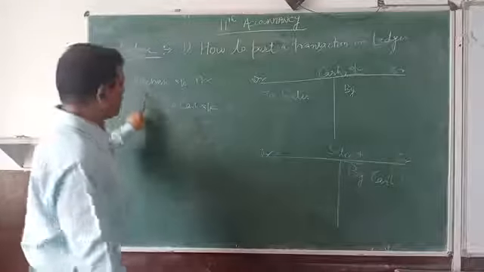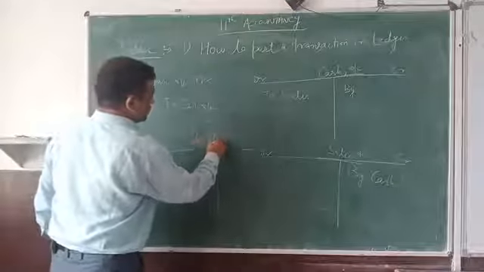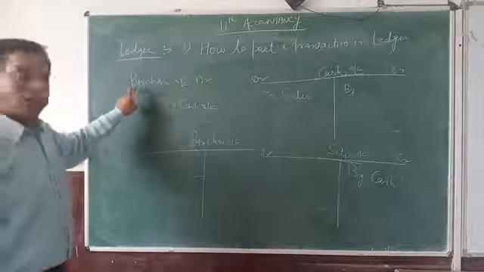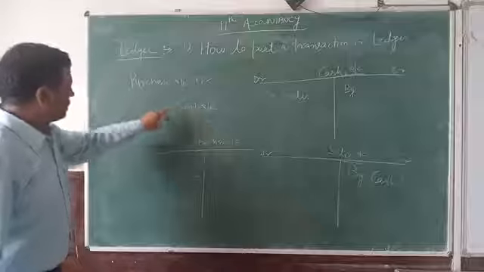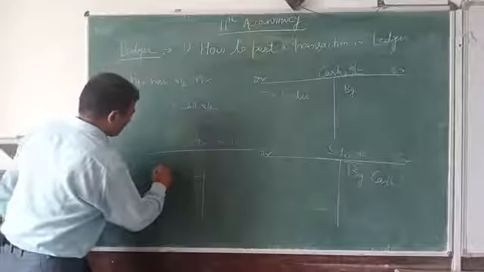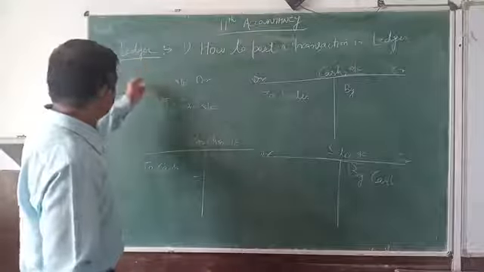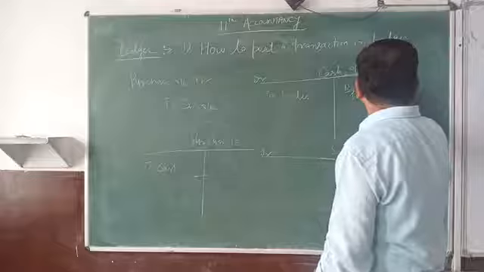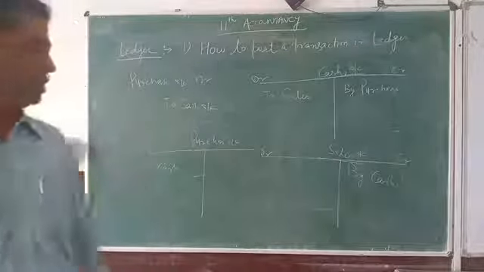Now I have to prepare the purchase ledger. In purchase, purchase will not come. Then it will be to cash. And in cash there will be no cash. Then what? Purchase, so the entry is by purchase. This is the way to post the transactions.